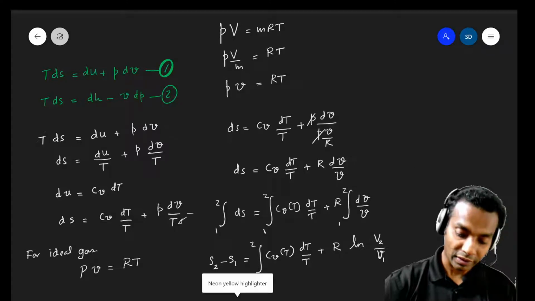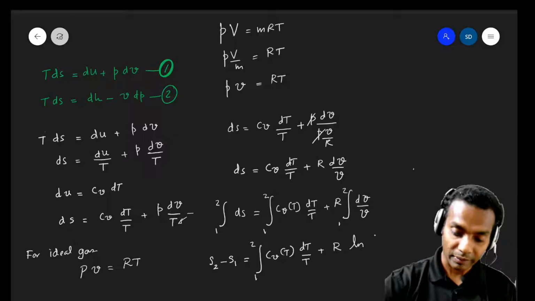You can write either specific volume or total volume, doesn't matter, but I would be consistent. I would put specific volume V2 over V1.